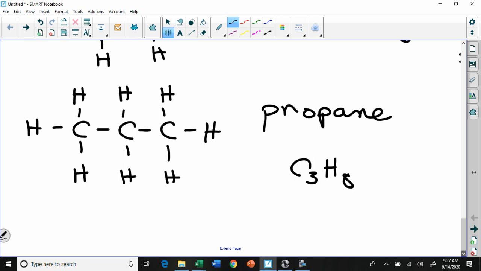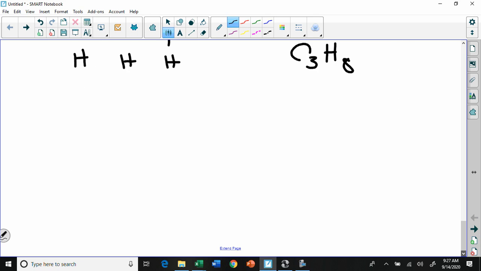And then you just keep on going. So the next one would be 4 carbons, which would be butane, right? So to give you the prefixes, there's methane, ethane, then propane, and then butane. And then it starts to get a little bit normal.